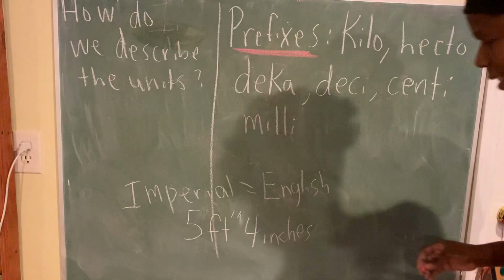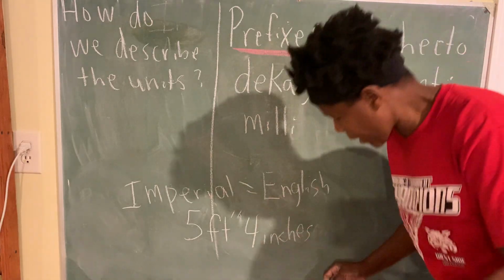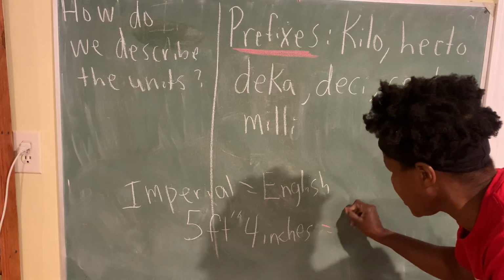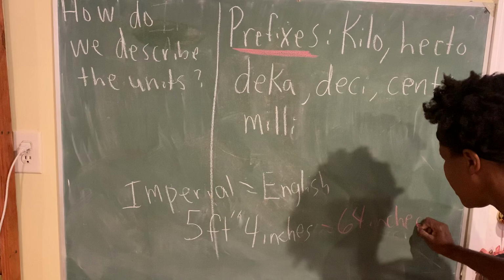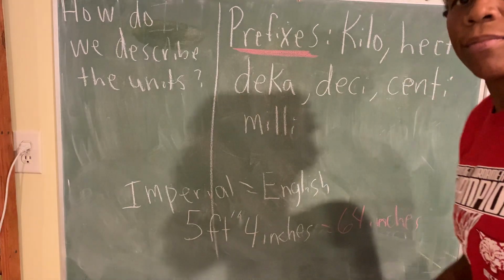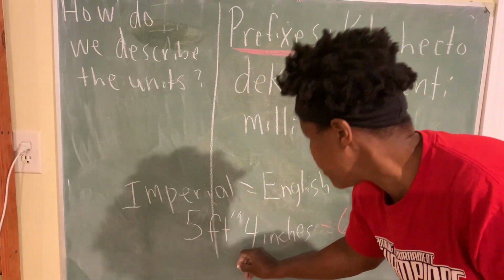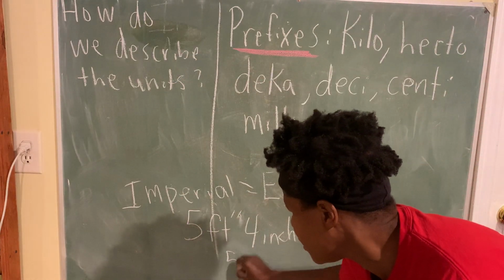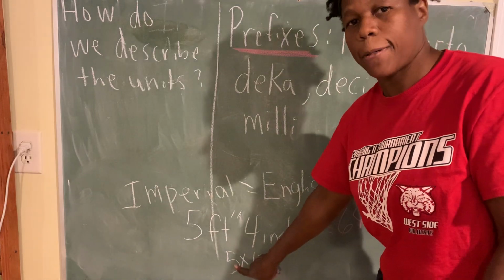I heard somebody say the answer. How'd you get that? Oh, okay. So the answer is 64 inches. And how'd you get that? Somebody tell me how you got it. That's right. You simply took 5 feet times 12, because we know there's 12 inches in a foot.